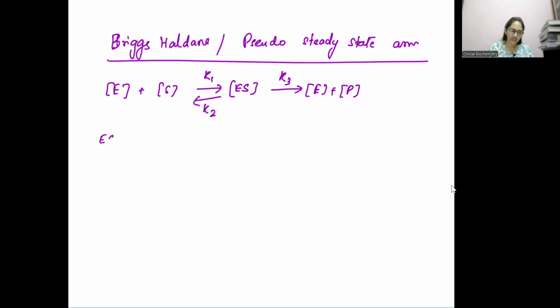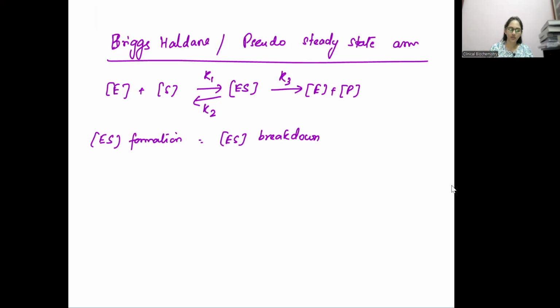Now, enzyme substrate complex formation is equal to enzyme substrate complex breakdown. This is what happens at equilibrium. We saw the forward reaction is equal to the reverse reaction at equilibrium, is it not? Likewise, enzyme substrate complex formation is equal to breakdown.